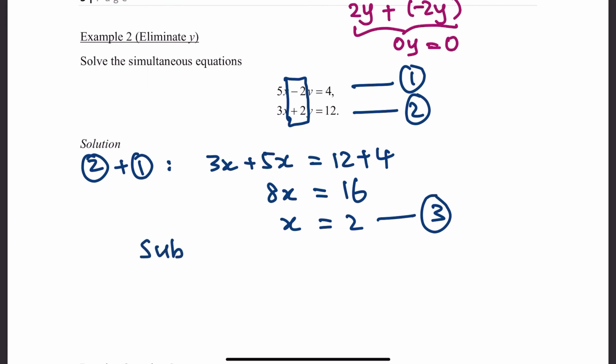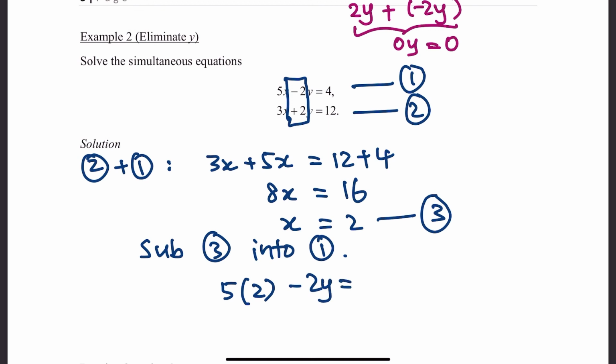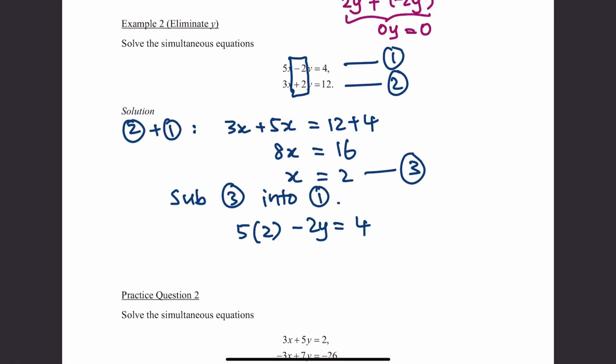over and over. So substitute equation 3 back into either one of the equations. I'm going to sub into equation 1, and then 5 times x, which is 2, minus 2y equals 4. Well, you can choose to substitute back into equation 2, and that might make things simpler.